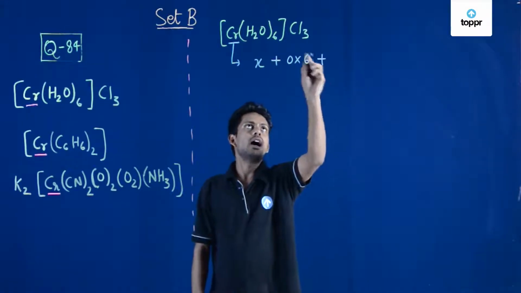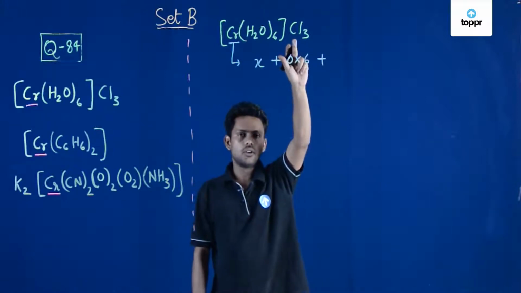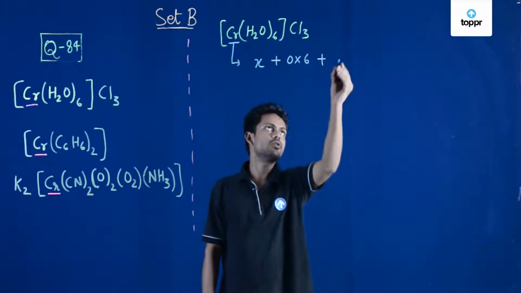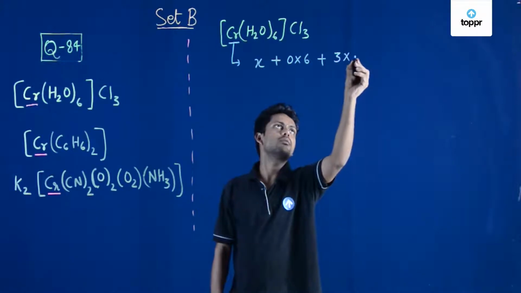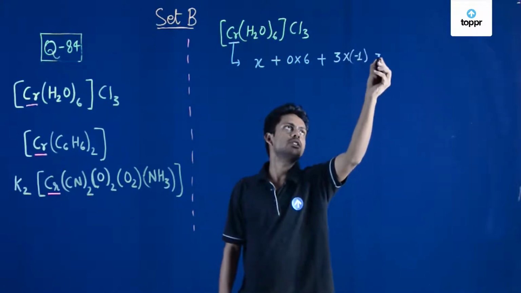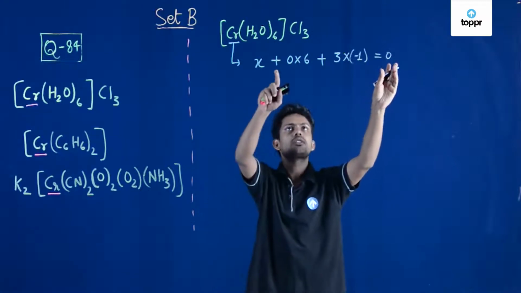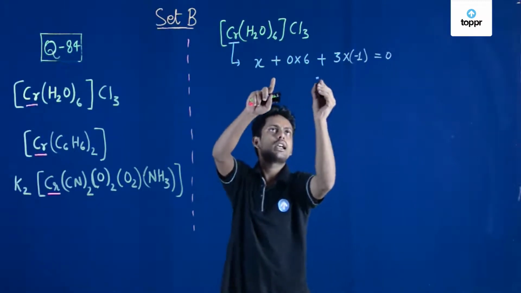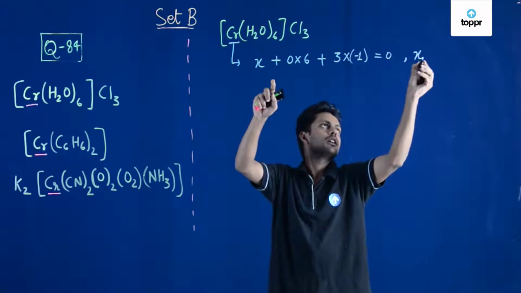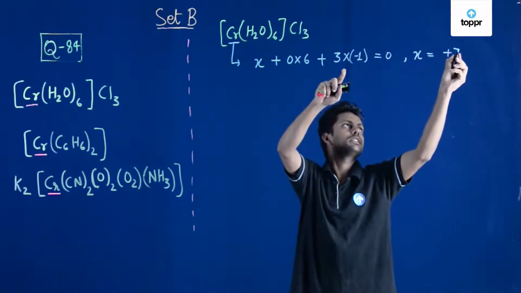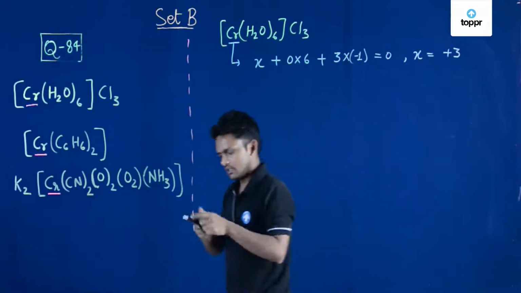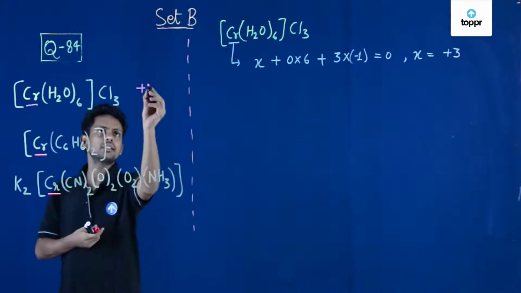Then Cl is -1, so we will have 3 multiplied by -1, and because this is a neutral complex there is no charge, so it should equate to 0. If you calculate it, X is equal to +3. So the oxidation state in this first case will be +3.